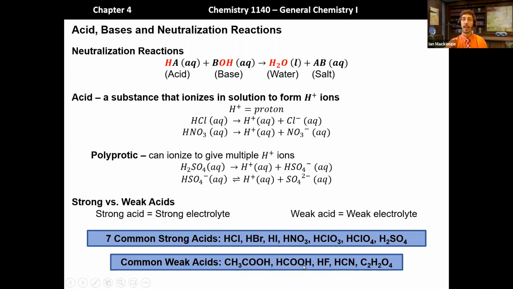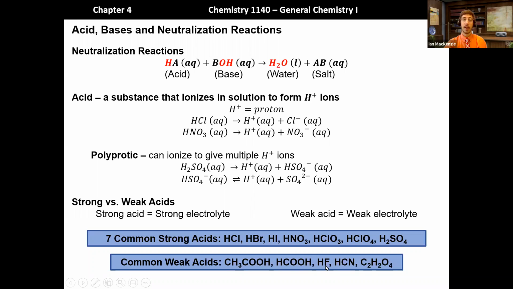and honestly, any other acid where you see this format in the formula show up, where you have COOH, that is indicative of a group that's known as a carboxylic acid. You'll learn more about that in a later course. But those are always weak acids. So we've got acetic acid and formic acid.